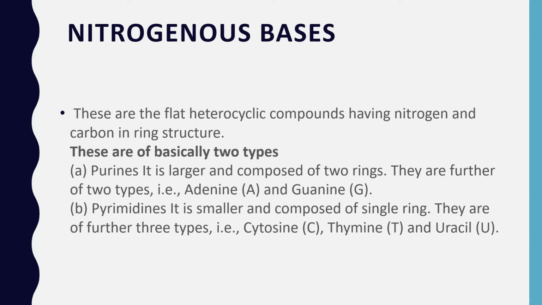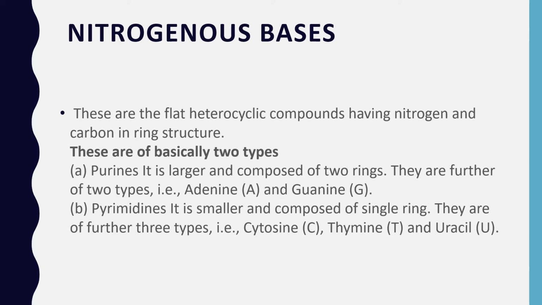These are of two types, purines and pyrimidines. Purines are larger and composed of two rings, whereas pyrimidines are smaller and composed of a single ring.